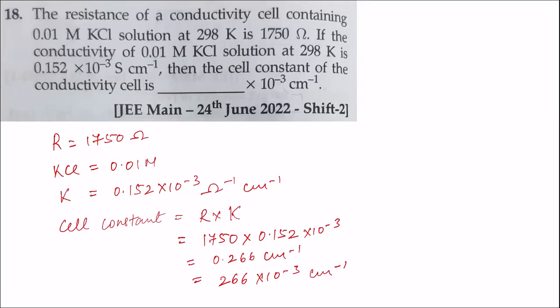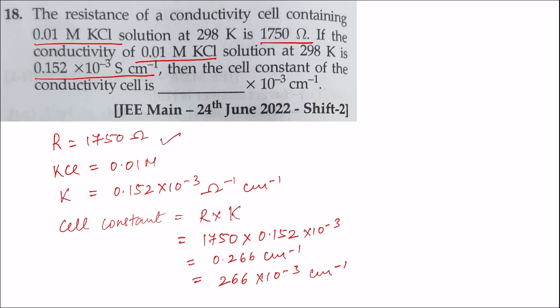The resistance of a conductivity cell containing 0.01 M KCl solution at 298 Kelvin is 1750 ohm. If the conductivity of 0.01 M KCl solution at 298 Kelvin is 0.152 into 10 to the power minus 3 per ohm per centimeter, then the cell constant of the conductivity cell is dash into 10 to the power minus 3 per centimeter.